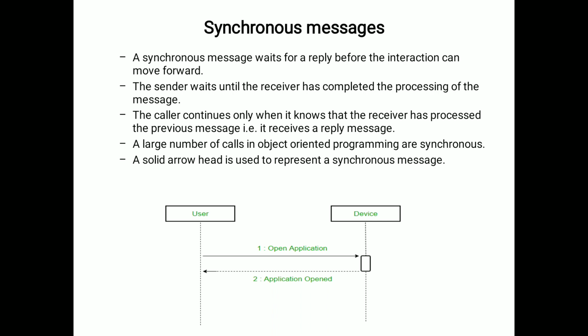A solid arrow head is used to represent a synchronous message. You can see here the user and device. The user sends the message open application, and the device replies and acknowledges that the application is opened.